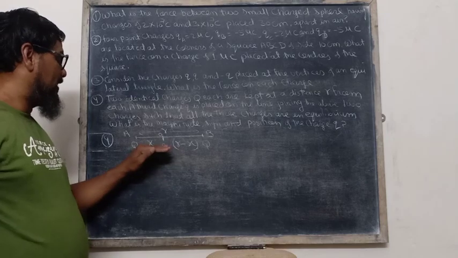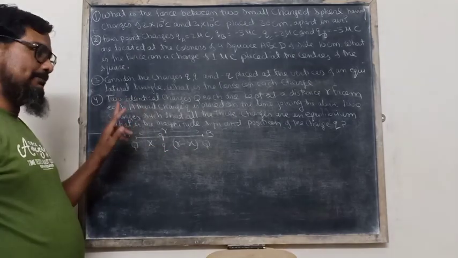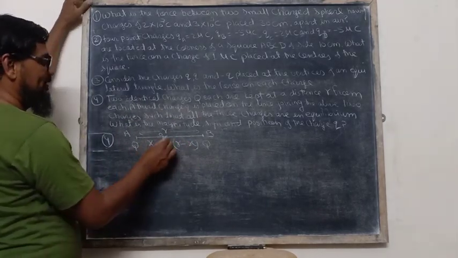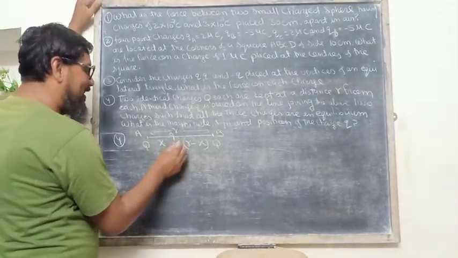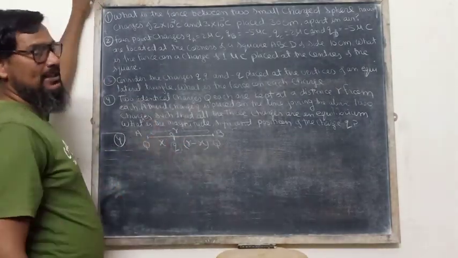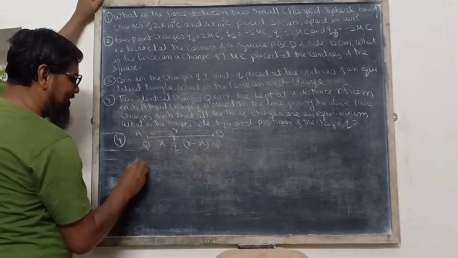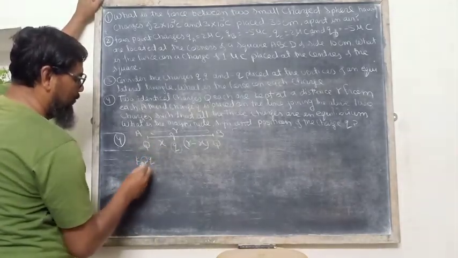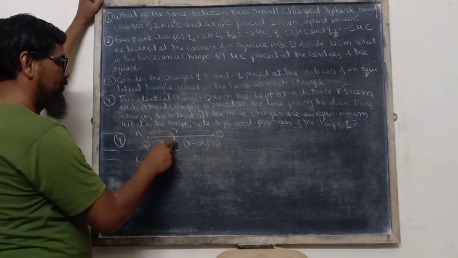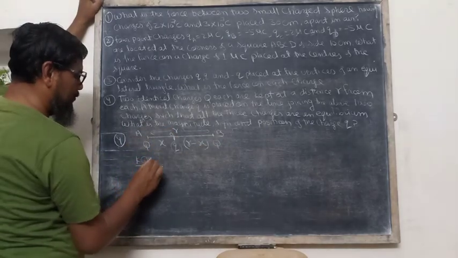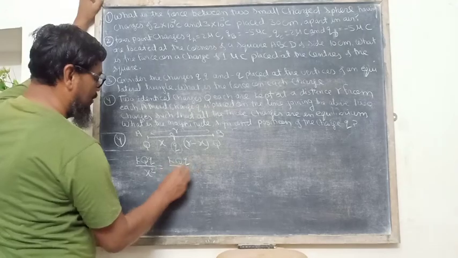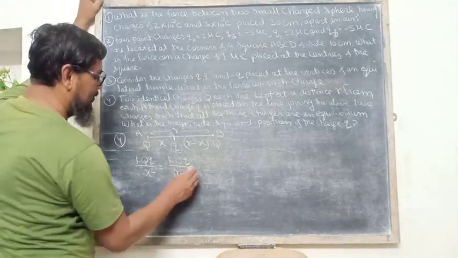Now we shall calculate the position of this charge q, its magnitude and its sign. First of all, in order to determine the position, we find the force on this charge due to these charges, and that force must be equal to 0. So KQq upon x square is equal to KQq upon r minus x whole square, because this force should be equal to this force.